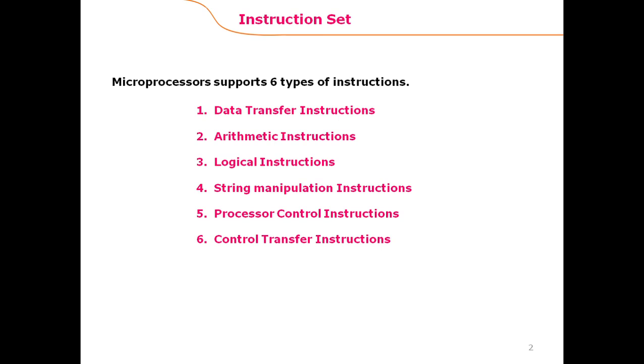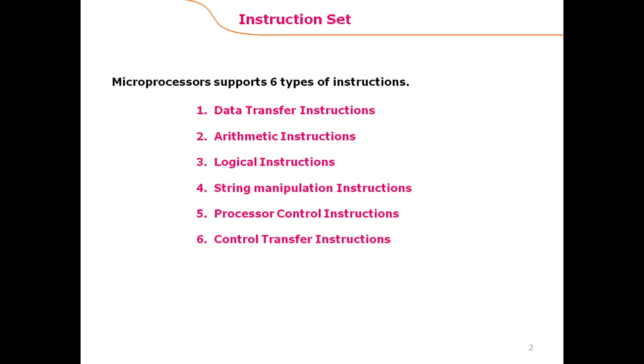There are some string manipulation instructions that operate on string data only. For example, MOVS, which is a variation of the data transfer instruction MOV. MOVS is responsible for moving string data from one location to the other. Then there are processor control instructions. Processor control instructions control the operation of the processor, and they are also responsible for changing the status of the microprocessor.